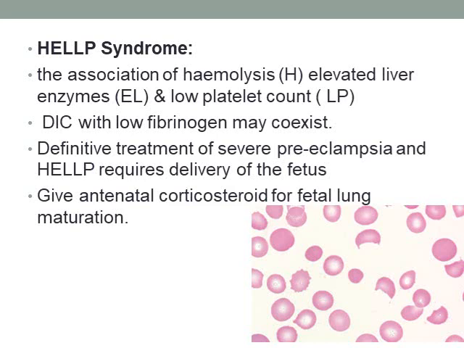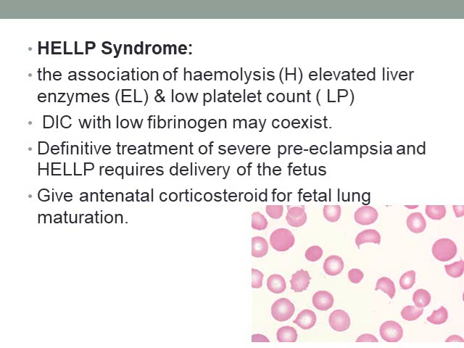The other complication of severe preeclampsia is the HELLP syndrome. The association of hemolysis, which is the H in the HELLP syndrome, elevated liver enzymes, the EL, and the low platelet count, the LP. These three criteria make the HELLP syndrome.